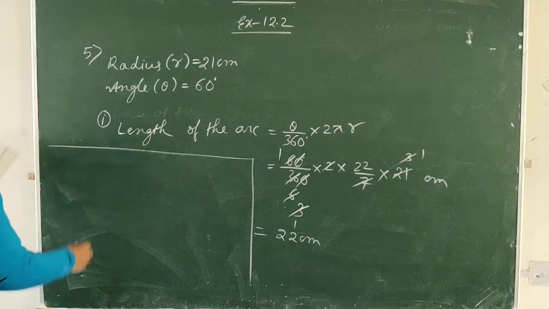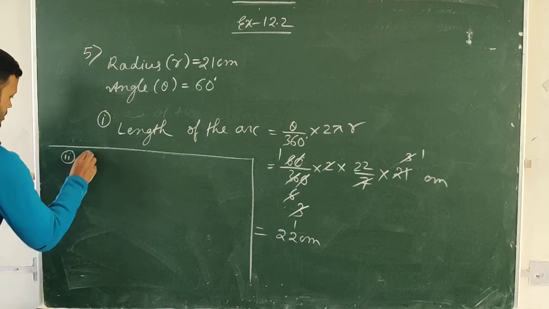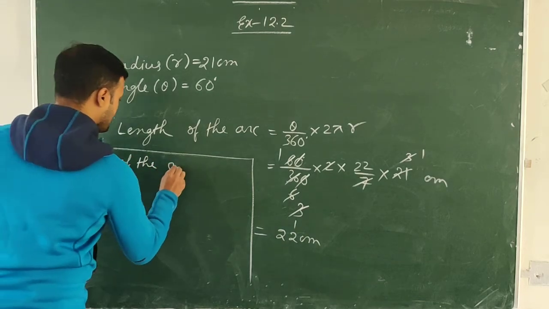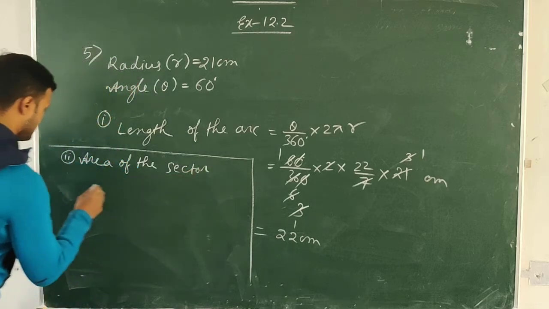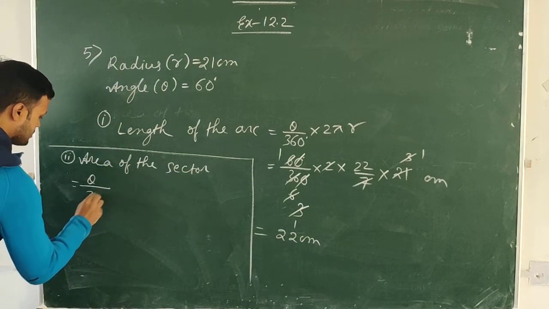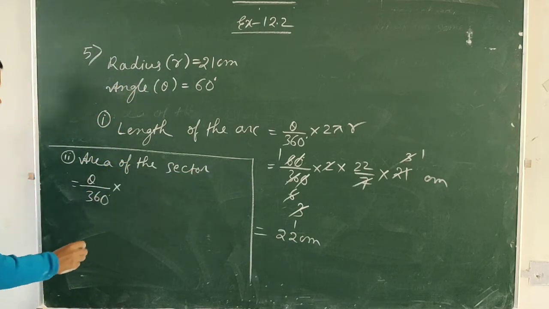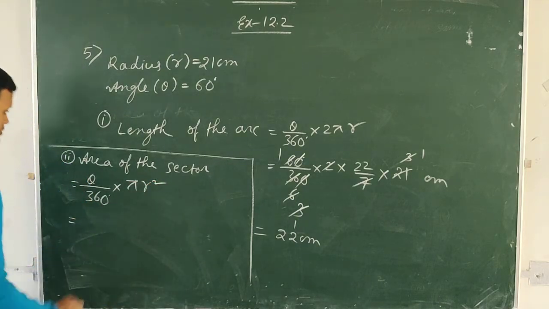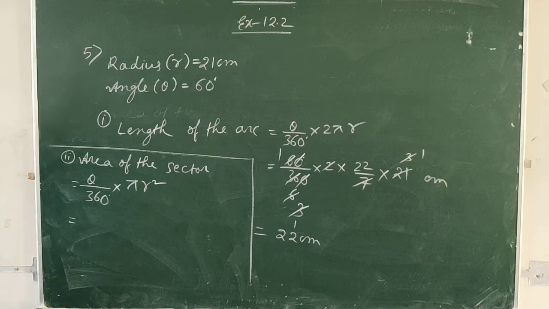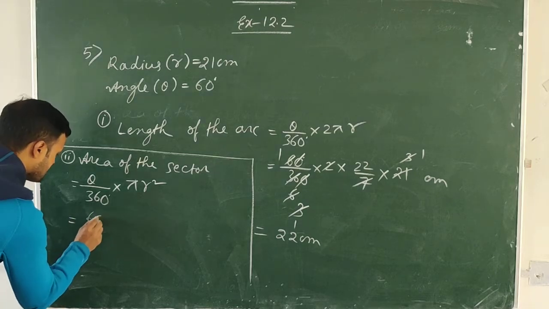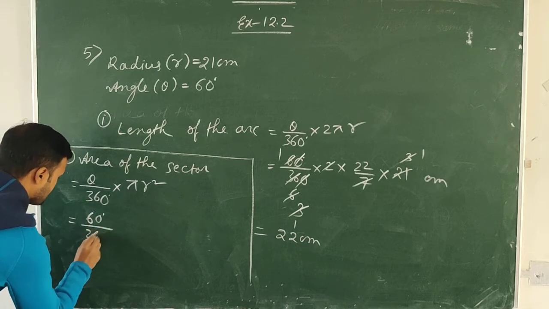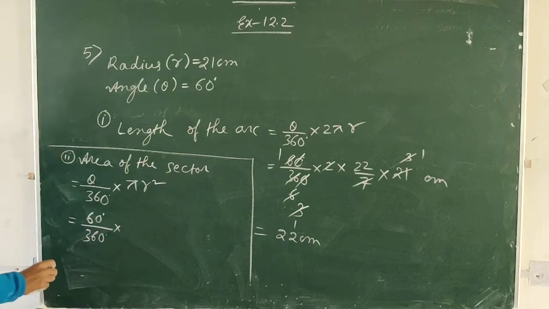And number 2, area of the sector. Area of the sector is equal to theta by 360 degree into pi r square. So theta is 60 degrees. Pi r square. What is the value of pi?